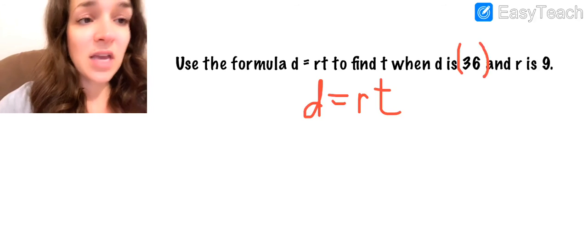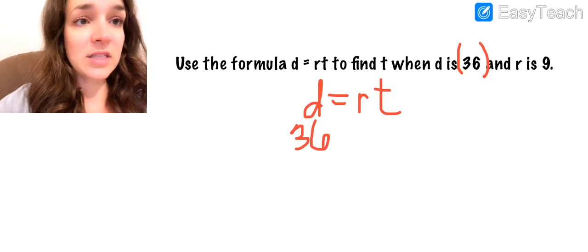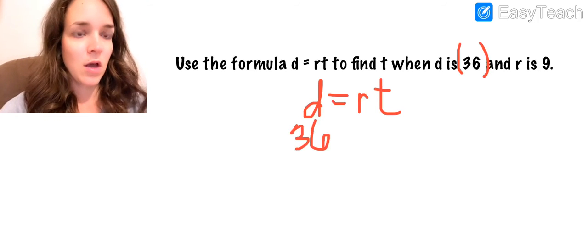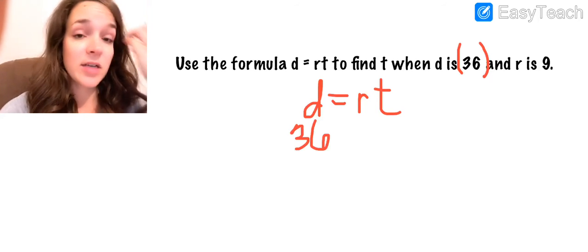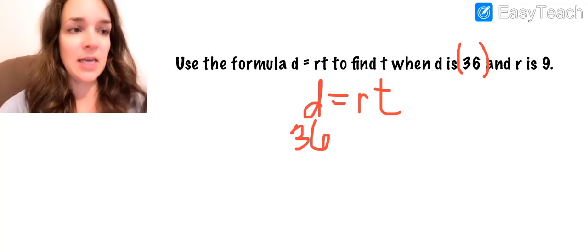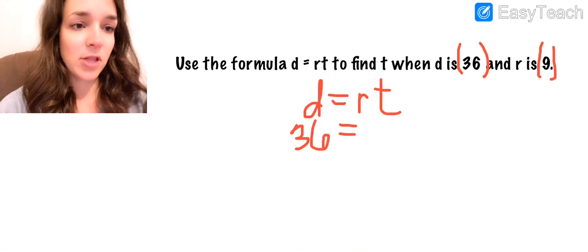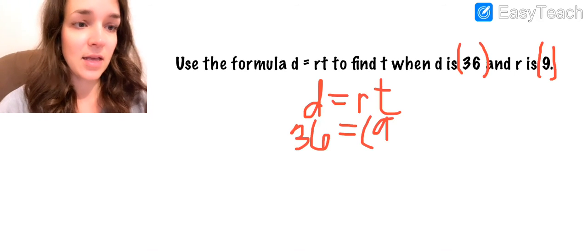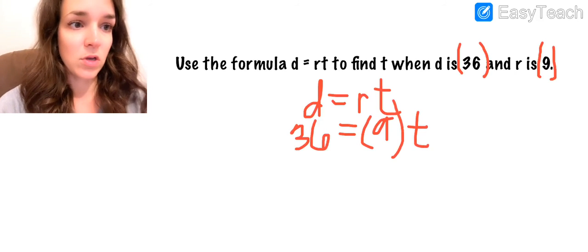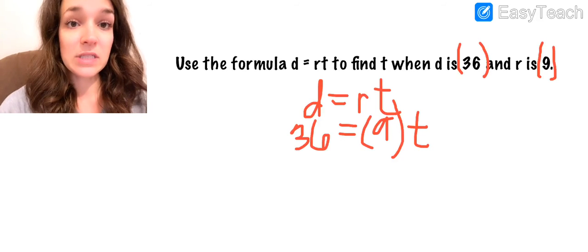So we're going to take 36 and we're just going to plop it right in where the D is. Okay, so we plugged that 36 right in for D. So now we're also told that R is 9. So we're going to plop that 9 in right where the R goes. Okay, so we've got 36 equals 9t.